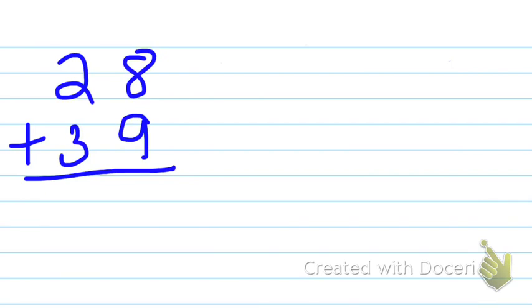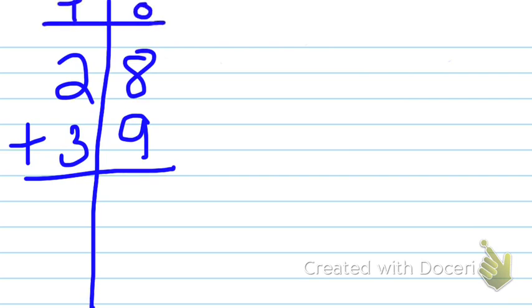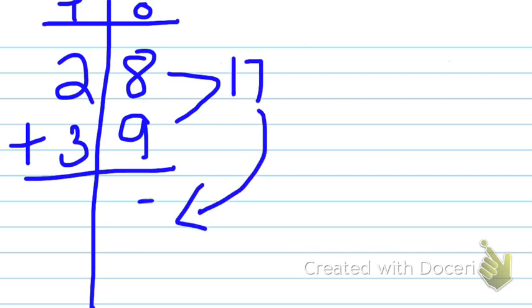Okay, so now I'm going to do the next strategy, which is my place value strategy. 8 plus 9 is 17. My 7 drops to my ones place. My 1 flies to my tens. And I'm not going to forget to add this 1. 1 plus 2 is 3. 3 plus 3 is 6.